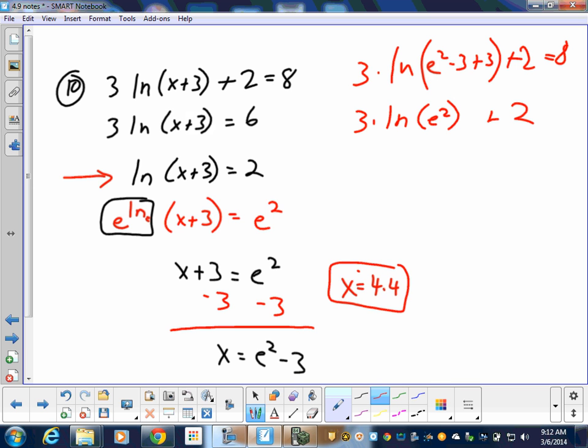Come on. We did this yesterday. What's the base? e. The natural log of e to the e. 1 times 2. 2 times 3 plus 2. Guys, this stuff works. It works.